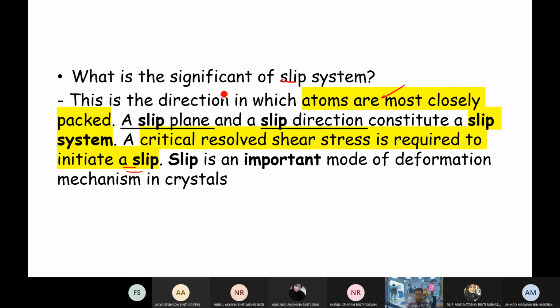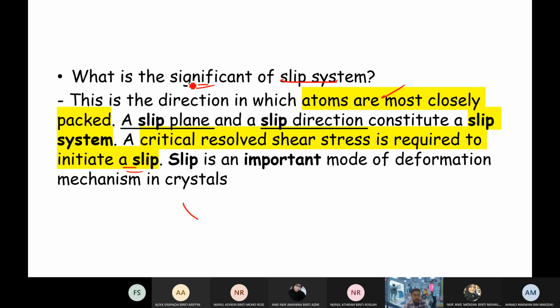A slip system is very important in the deformation mechanism in crystal, and in how the material will react when we apply forces to them. It will determine the properties of the material, how it reacts when you apply forces.